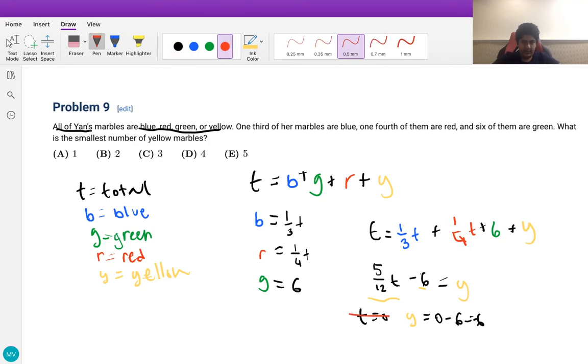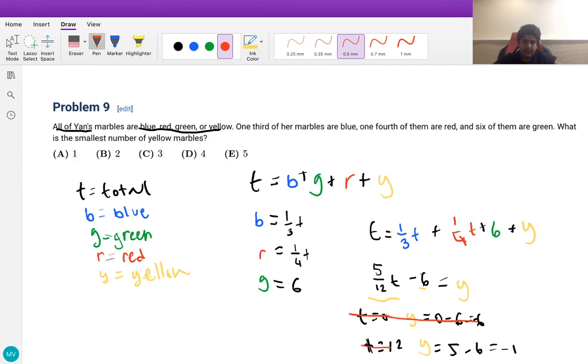Next one, we have T equals 12. Then we would have Y equals 5/12 times 12, which is just 5 minus 6 equals -1. -1 is still less than 0, so this case doesn't work.